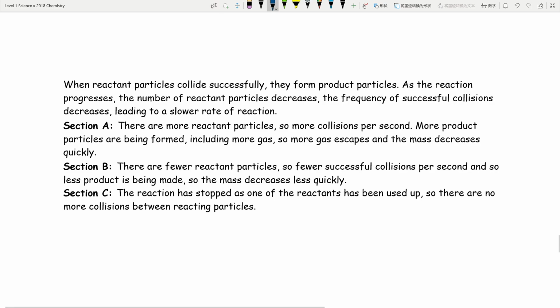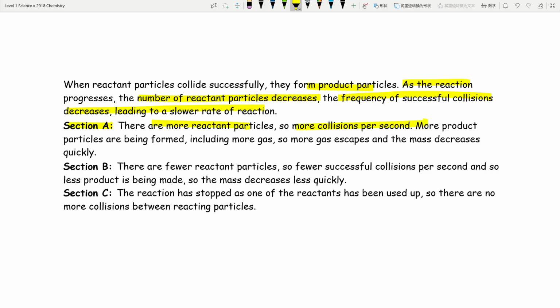Okay, so when they collide successfully, they produce products. In this case, as the reaction progresses, the number of reactant particles decreases because you're running out of the ingredient. The frequency, or you can say the number of successful collisions per unit time, decreases, leading to a slower rate of reaction. So in A, there are more reactant particles, more collisions per second.